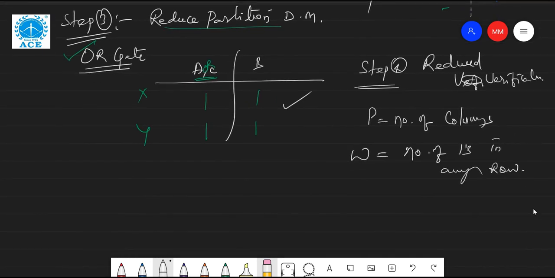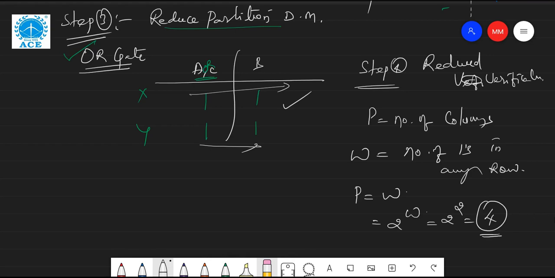So in this case, P is 2, the number of columns, and the number of ones in any row is also 2. So in this case, P equals W. So it is considered as 2 to the power of W, which is nothing but 2 to the power of 2, that is 4 input tests we need to do.